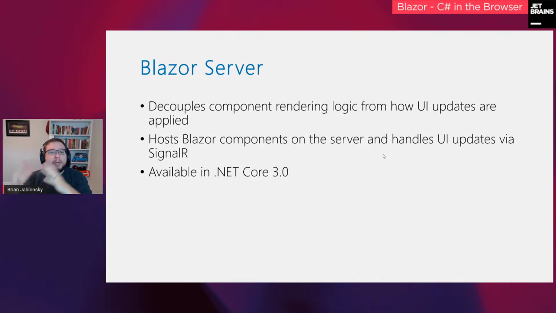So the Blazor components get hosted on the server, and it handles these user interface updates via something called SignalR, which is Microsoft's WebSocket framework. This was released as general availability in .NET Core 3.0, back in November of 2019, if you can remember as far back as 2019, and it seems like ages ago. But yeah, it's been production ready to rock and roll.